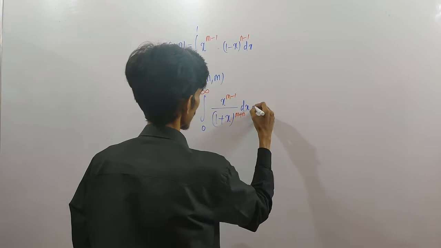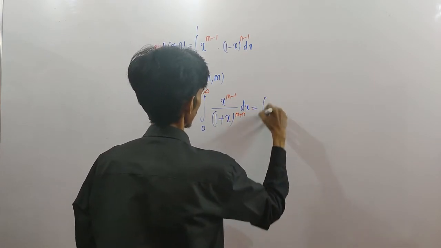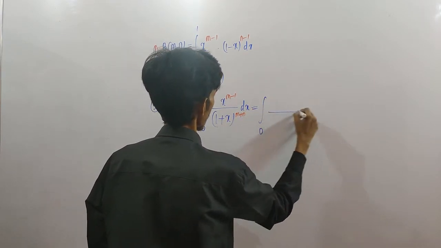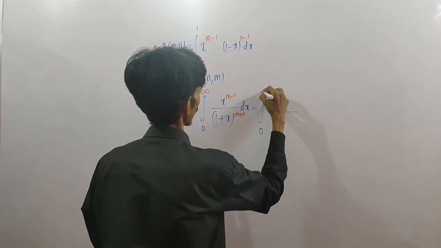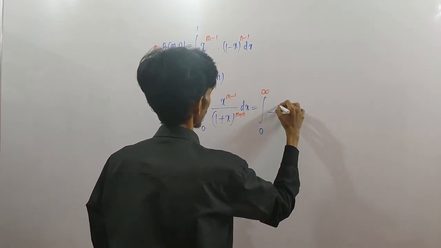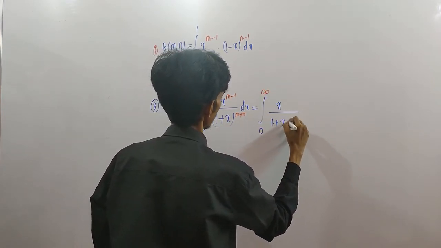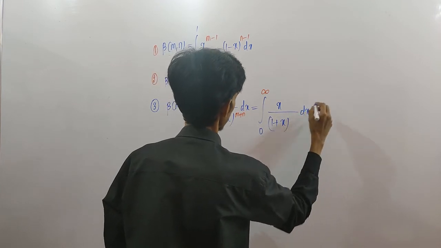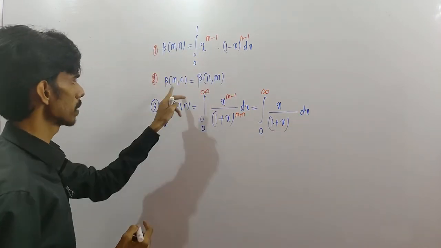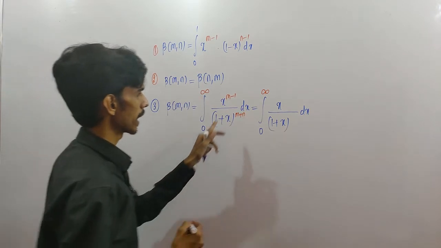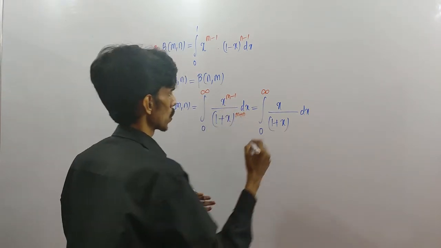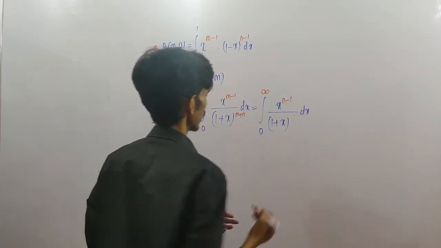Similarly, this can also be written as integration 0 to infinite. We have to take x divided by 1 plus x dx. By this property of beta of m comma n, we can replace m with n. So we have n minus 1 here.